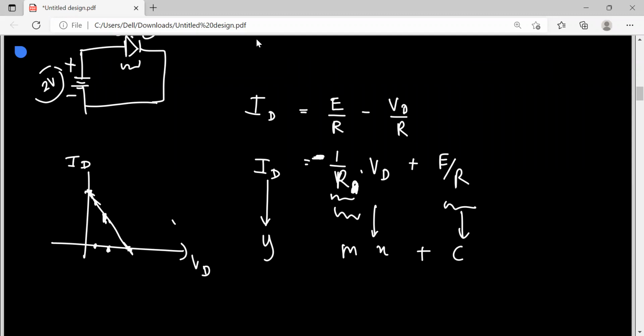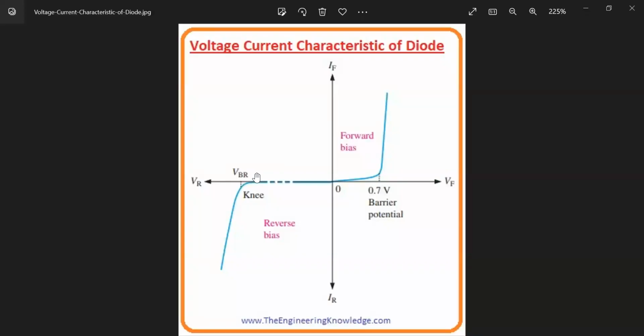within the circuit you are taking, and this is the graph given by the manufacturer of the diode, and the diode will function according to this graph. So how do we find at what point the diode is going to work? You need to plot the same graph, the one we took from that circuit, in the same graph, so you can notice there will be a point where these two graphs intersect.